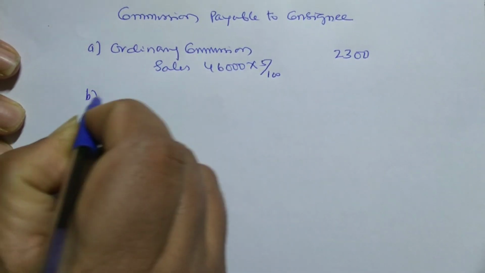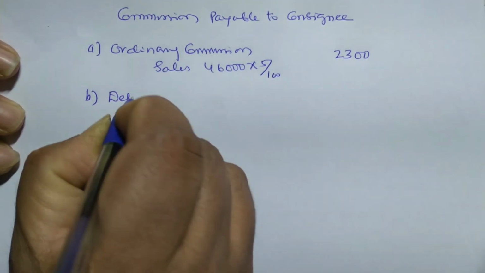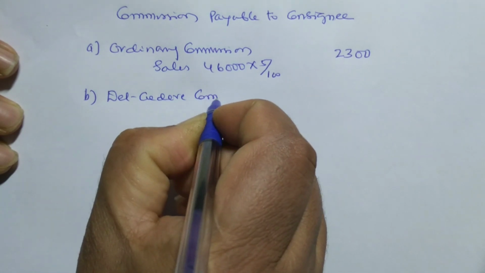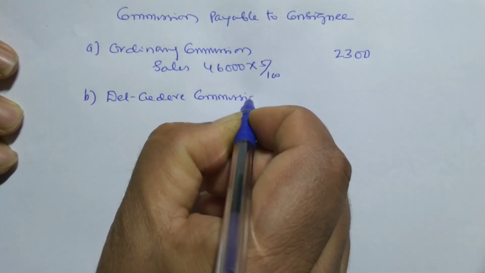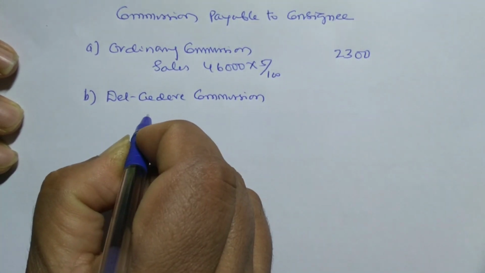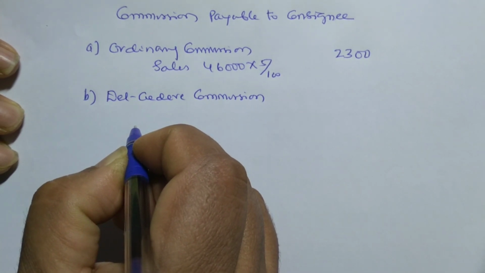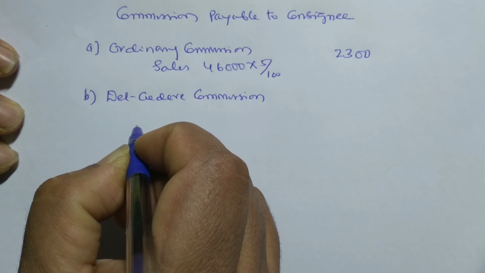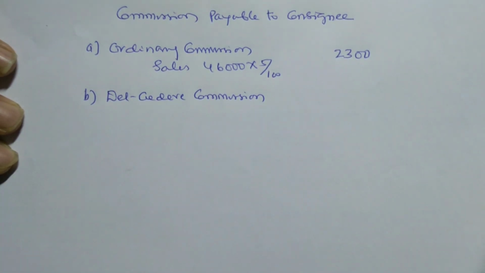And the other component of commission is del credere commission. Why is del credere commission paid? Del credere commission is paid if the consignee is bearing all the losses on account of credit sales or due to non-payment of debtors. In such cases, additional commission is paid to the consignee.